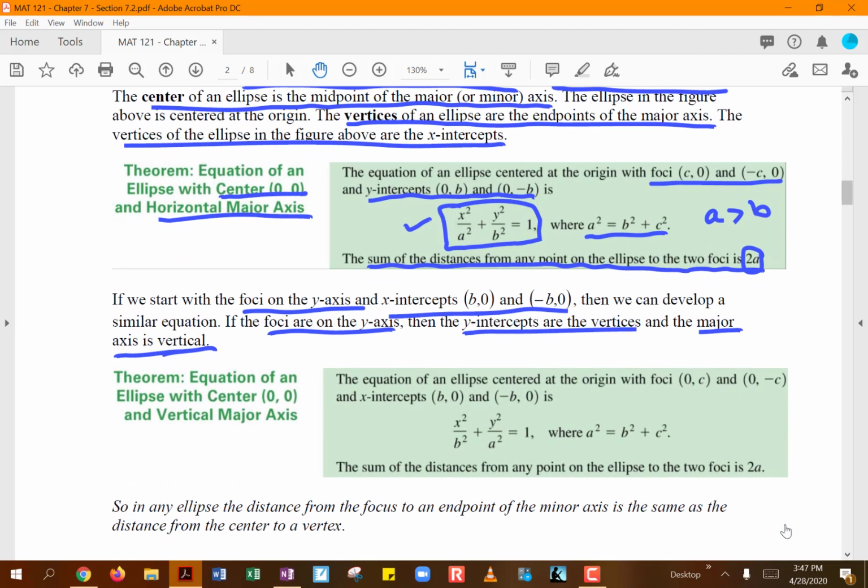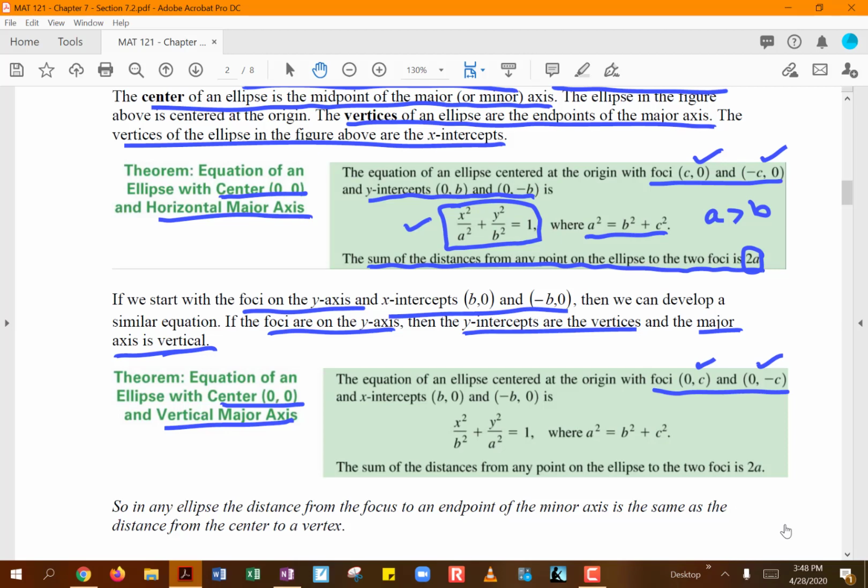In this case, we're still keeping the center of our ellipse at (0, 0), but instead of a horizontal major axis, we will have a vertical major axis. So you will notice from the above equation to this one, your foci are now going to be at (0, c) and (0, -c), whereas here our foci were at (c, 0) and (-c, 0) because they were on the x-axis, and now they are on the y-axis.